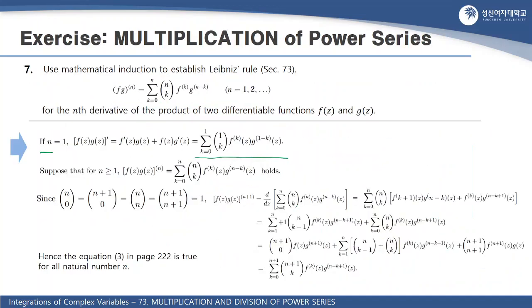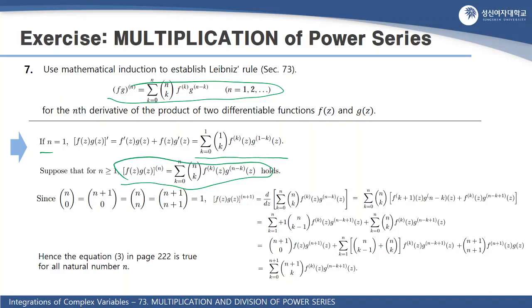Then we suppose that this statement holds for the case of n, which means that for any integer n larger than or equal to 1, this formula holds. We assume that.